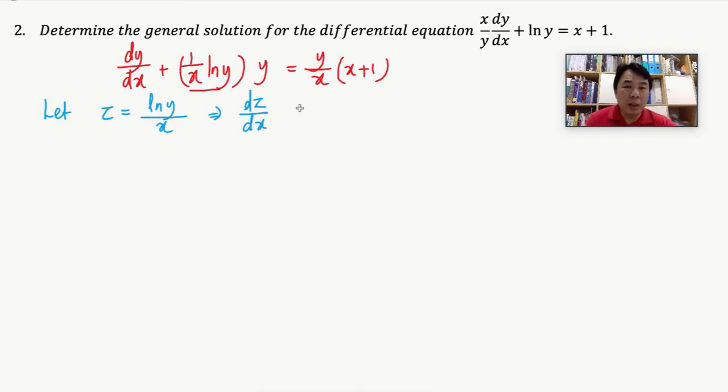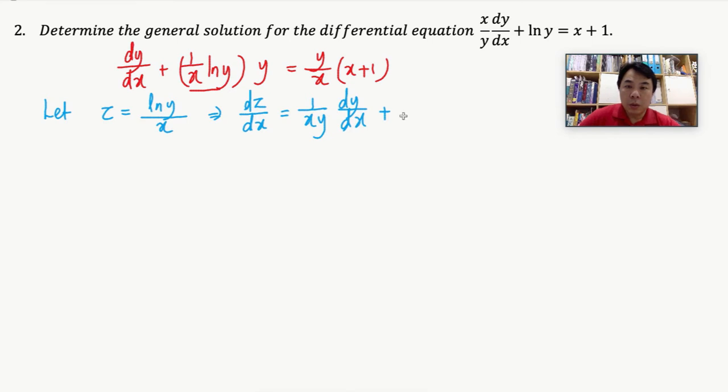Now, you can apply a product rule in this case. For me, I would rather apply a product rule. So that will be 1 over xy dy/dx. We're going to differentiate that implicitly, of course.